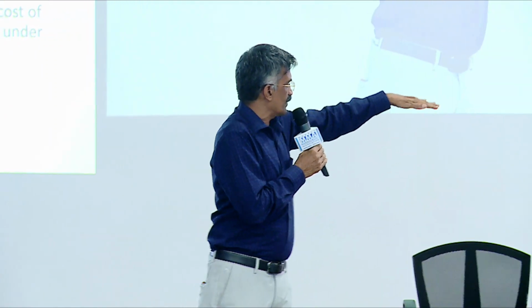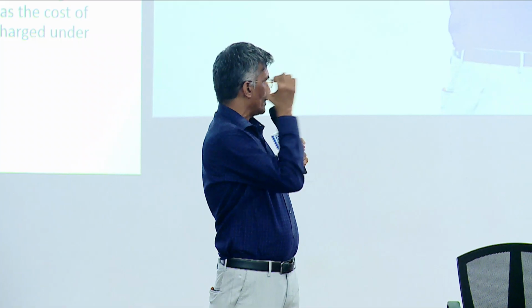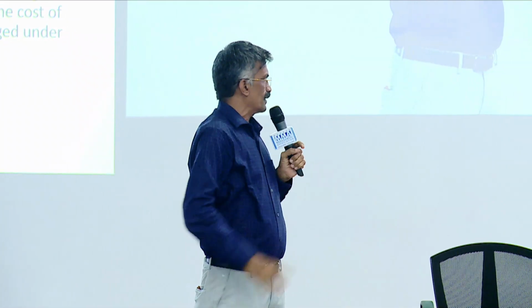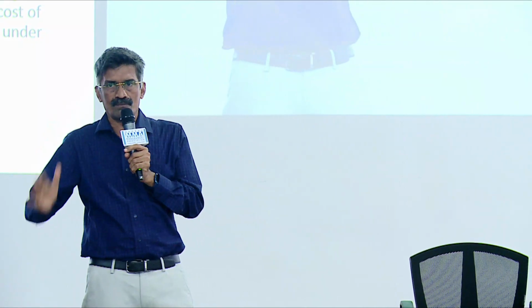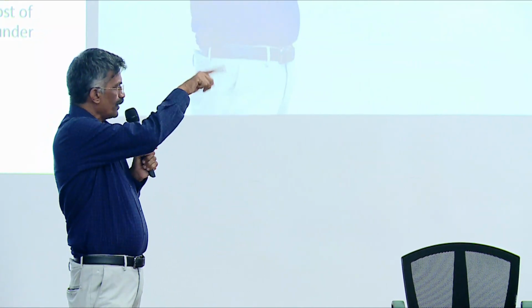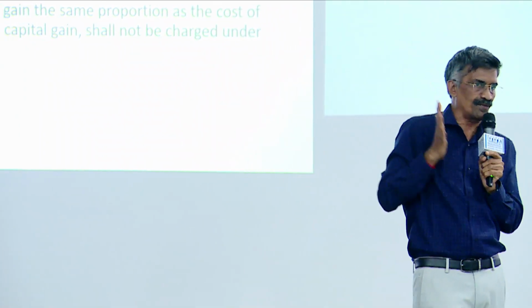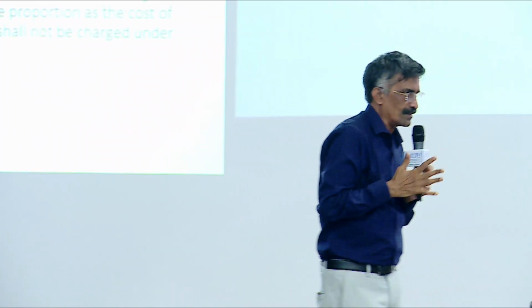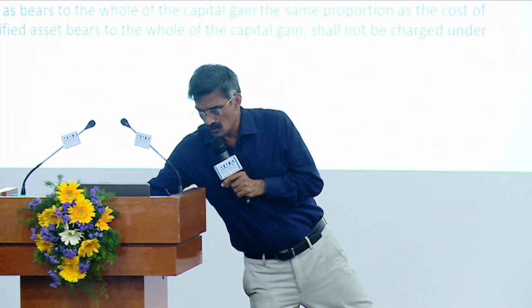Let's not go into the second part of it. We'll stay with the first part. If the cost of the long-term specified asset is not less than the capital gains arising from the transfer of the original asset, the whole of such capital gains shall not be charged under section 45. The only question is how to calculate that: after superimposing 50C or without 50C. That is the issue, for which we should go to 50C to see how it is worded.